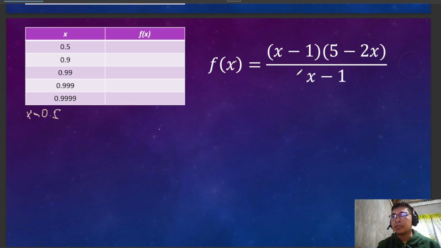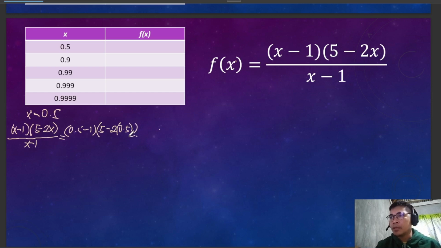I will not copy this one, okay, ako na lang. So x minus 1 times 5 minus 2x over x minus 1. So, i-substitute na to ang value ni x, which is 0.5. So, this is 0.5 minus 1. Sa PCAS pod, 5 minus 2 times 0.5 all over 0.5 minus 1.